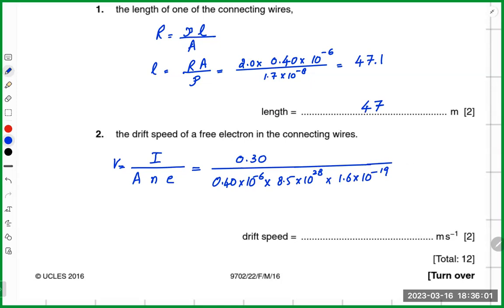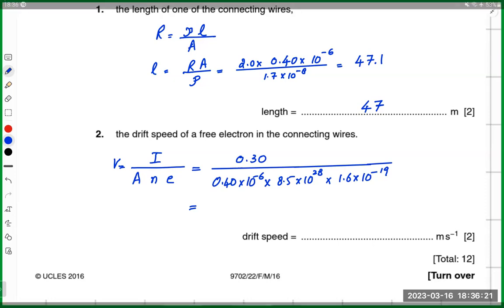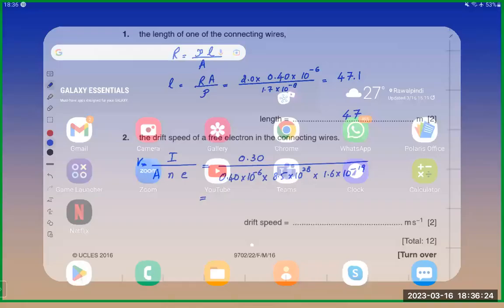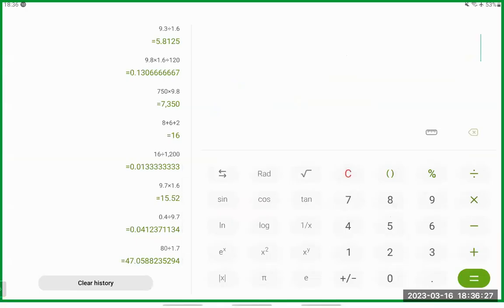So what do we have? Minus 19, minus 6, minus 25, 10 to the power 3. 0.3 divided by 0.4 divided by 1.6 divided by 8.5, 0.55.